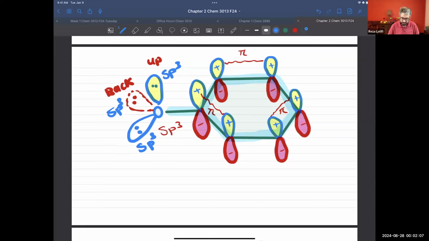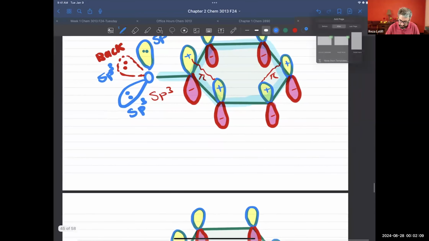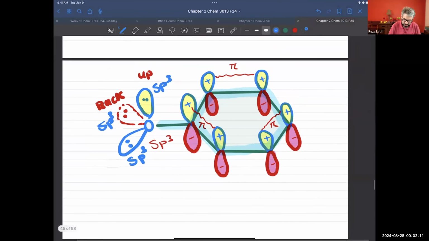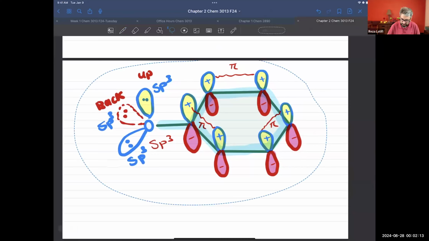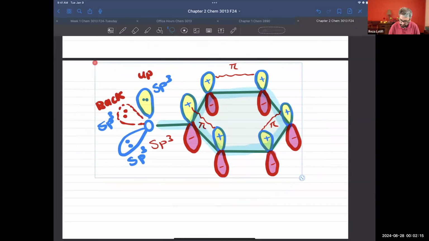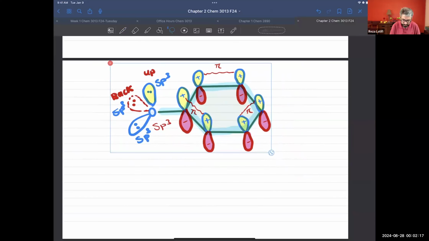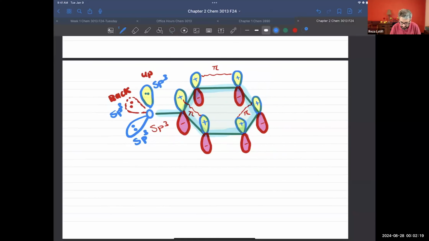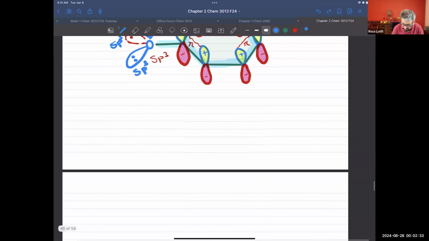Okay, what do I have until now? Until now, I have this structure. Let me shrink the size here. I got the ring.